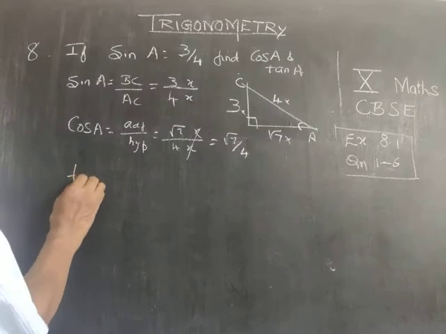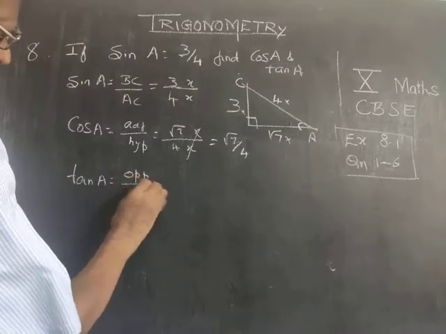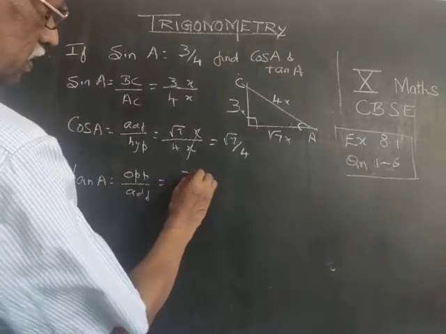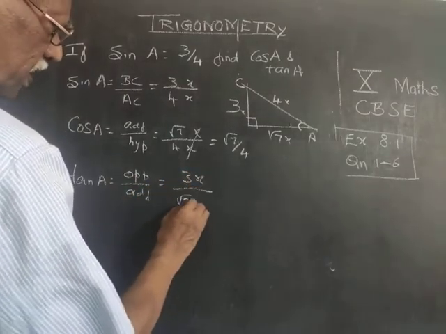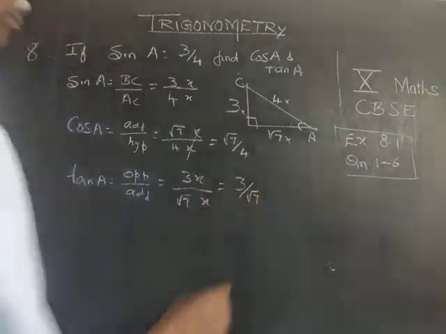What is tan A? Tan A is opposite by adjacent. What is the opposite side? Opposite side is 3x. Adjacent side is root 7 times x. So 3 by root 7.